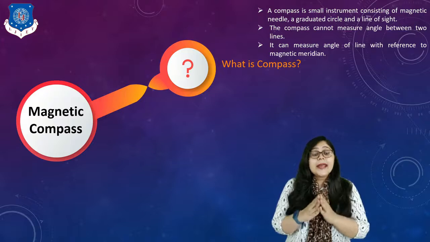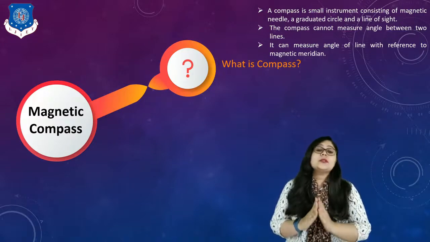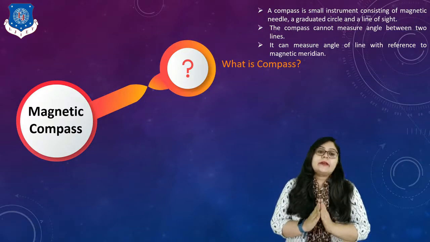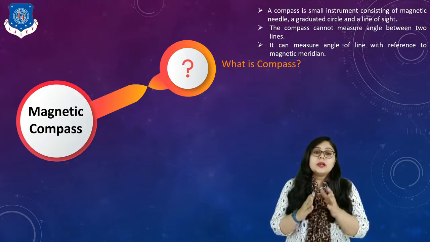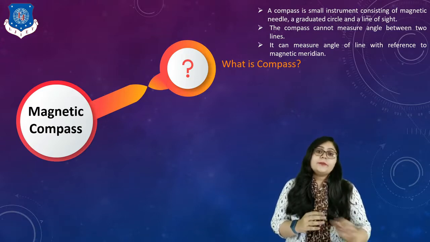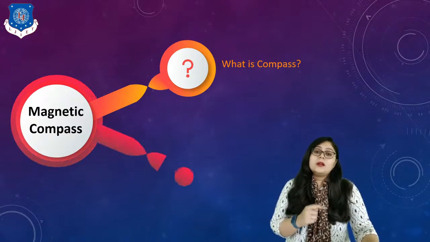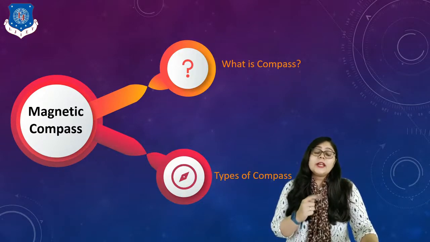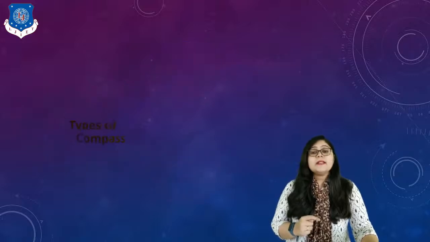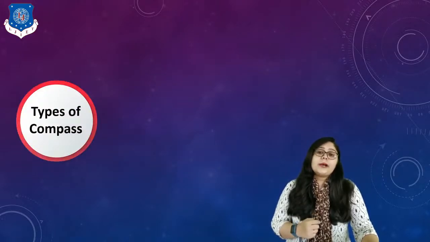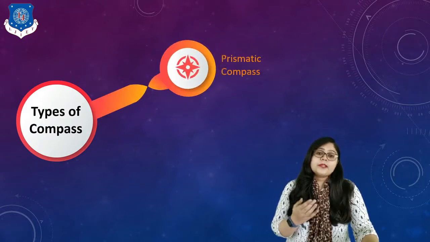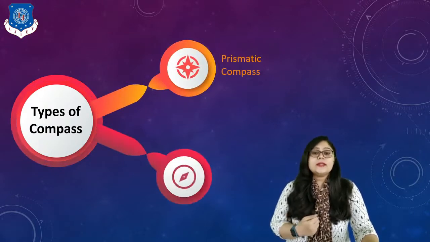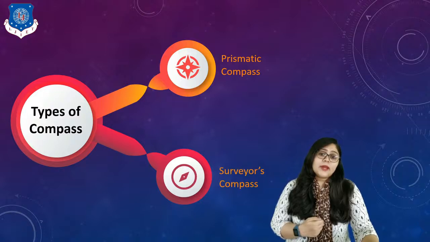It can measure the angle of a line with reference to some magnetic meridian, right? All that terminology we are going to discuss in this particular chapter. First, let us understand how many types of compass there are. Basically, there are two types of compass: the first is the prismatic compass and the second is the surveyor's compass, right?